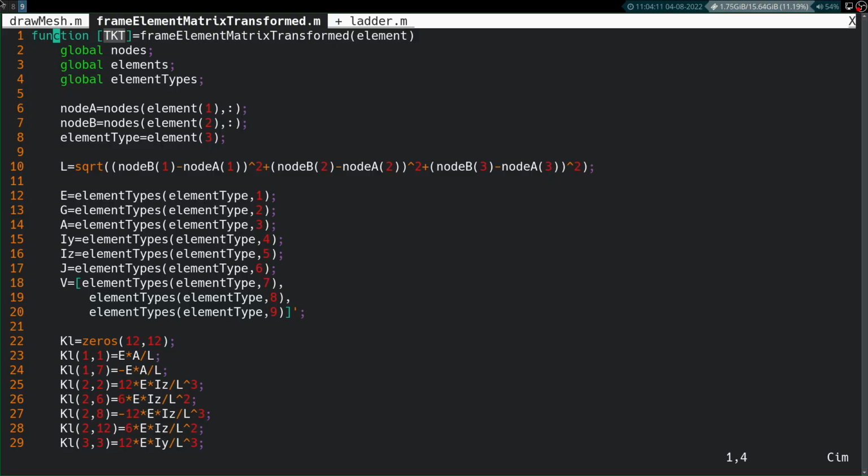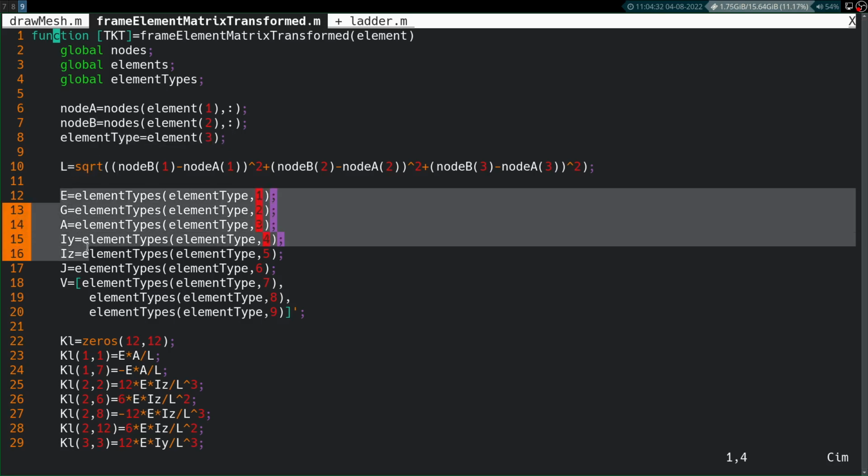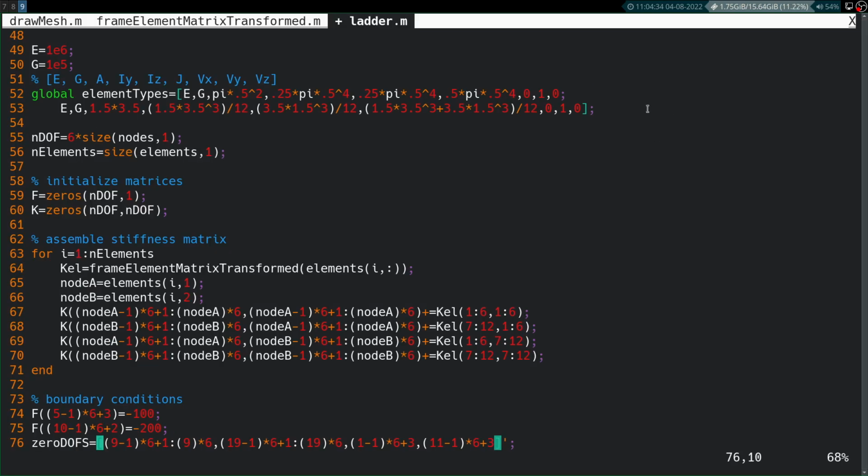All it does is it takes in the element and grabs those global variables for the nodes and everything. I don't want to pass in these things, that's a lot of stuff to be passing around. I'll just take a global value, and we're taking node A, node B, the element type, all that. Computing the L, we're pulling out the E's and the G's and all these from the element type row, right?